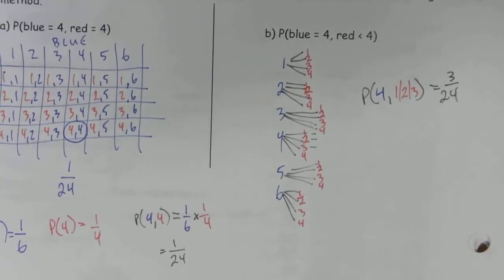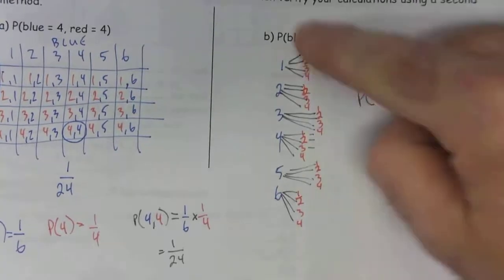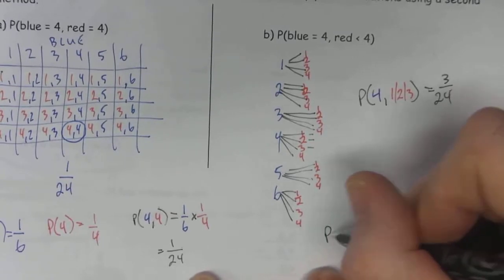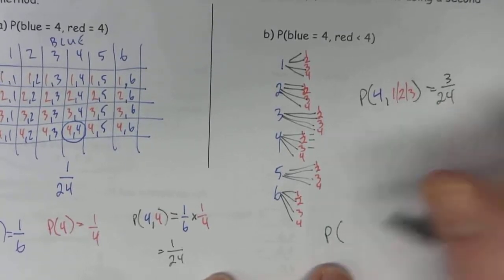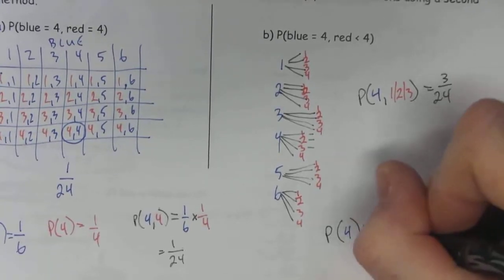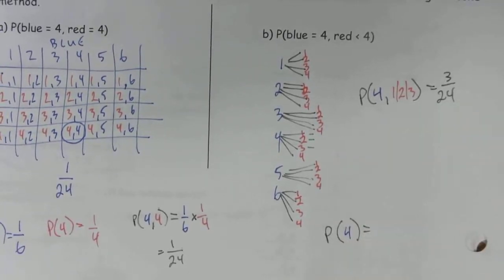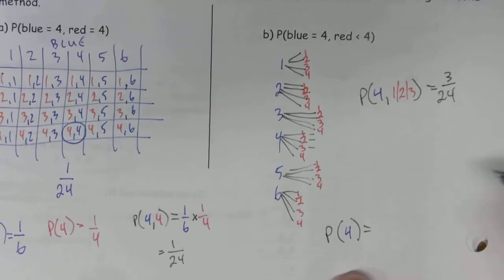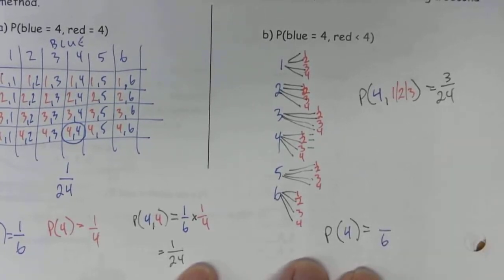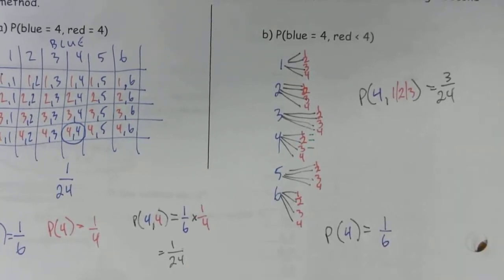We can do that again with multiplication to save on the drawing aspect. So the probability of blue being 4, well, on the blue die there's 6 options. So it's out of 6, and 4 can only occur once out of those 6, so it's 1 out of 6.